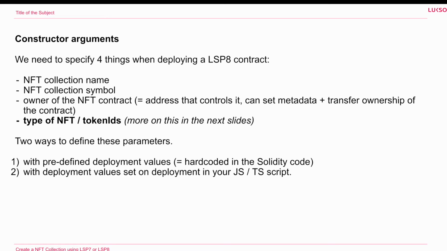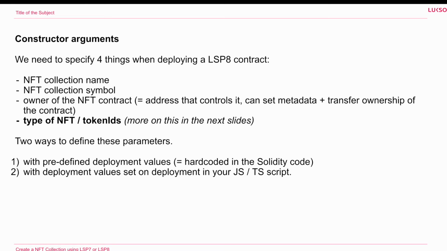When you deploy an LSP8, an NFT contract on LUKSO, you have to specify the following. You have to specify the name of the token, which in the context of this tutorial is the name of a collection, and the symbol. Then who owns the NFT contract, who controls this contract. This address is basically going to be the one that can set all the metadata inside the contract.